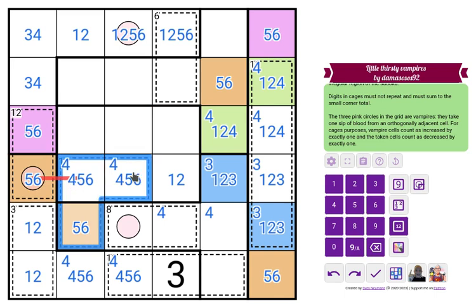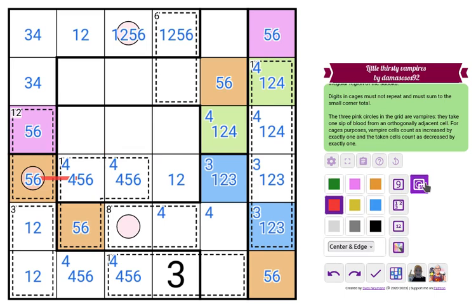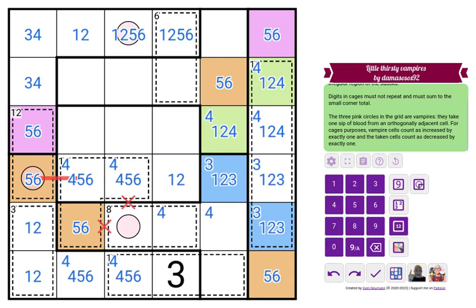We have 4, 5, 6, which is the maximum, so this cell cannot take it from there, nor there. We'll put a little mark there. So where does it go? This is 3, 4.